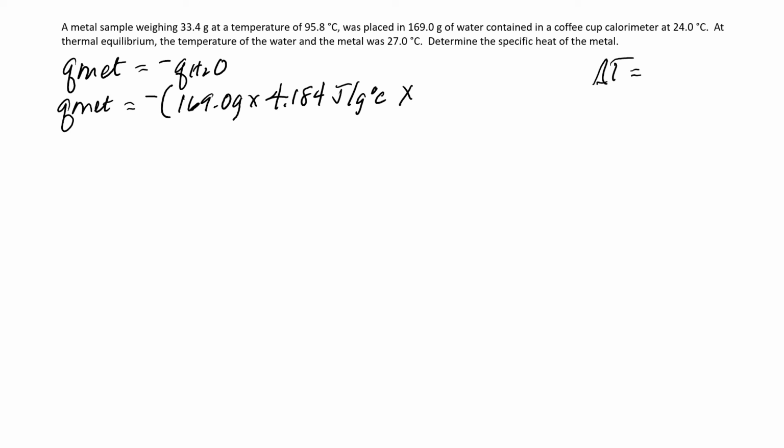So T final of the water is 27 degrees minus T initial of 24. So our delta T is 3.0 degrees Celsius.